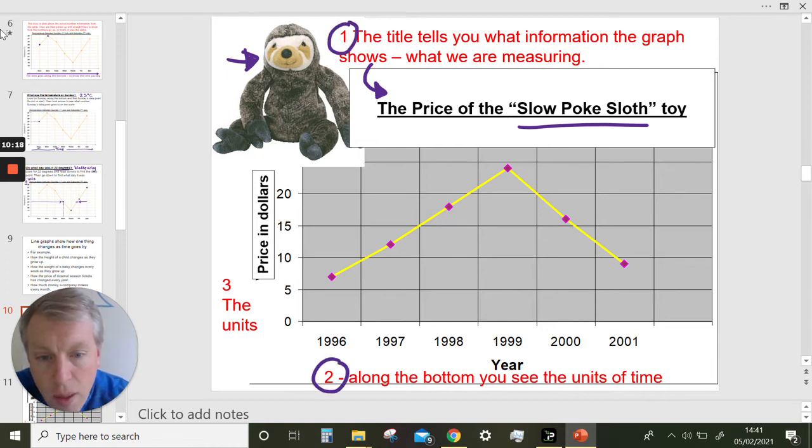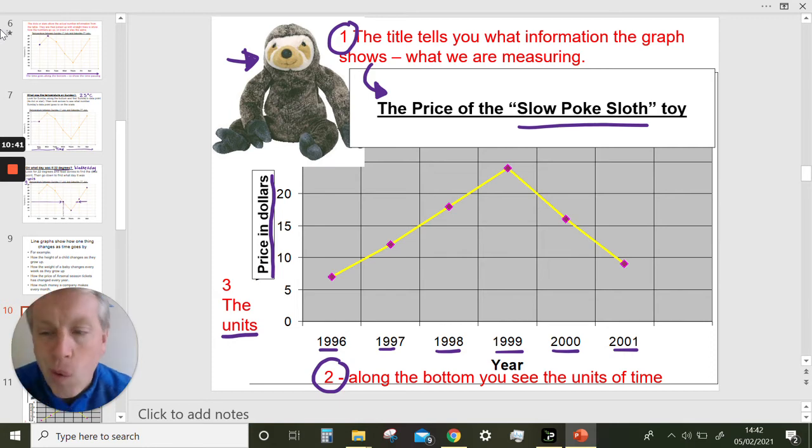Then we look along the bottom and we see the units of time. 1996, 1997, 1998, 1999, 2000, 2001. Every year. So this is the price every year. And then we look and see what units. Oh, hold on. The price is in dollars.